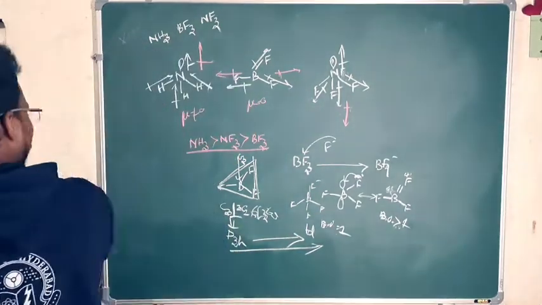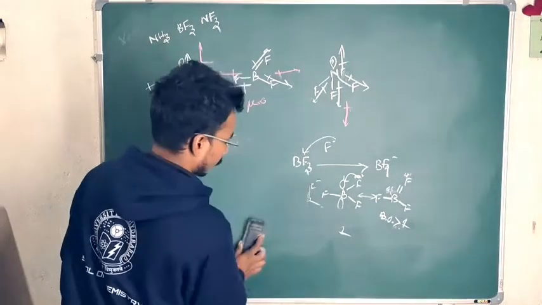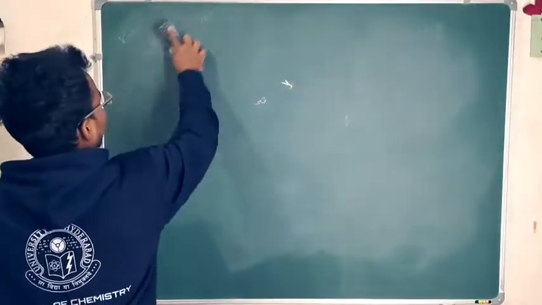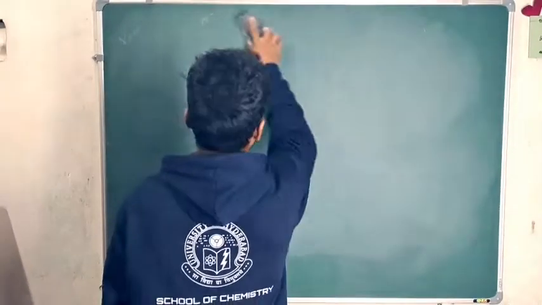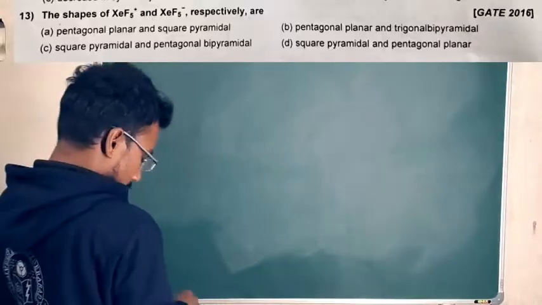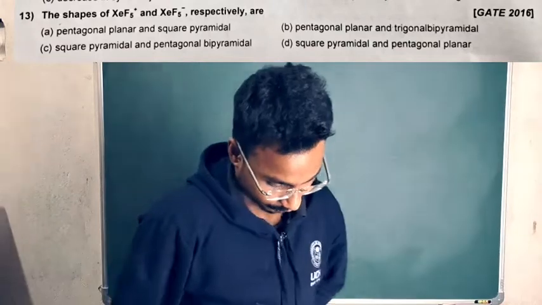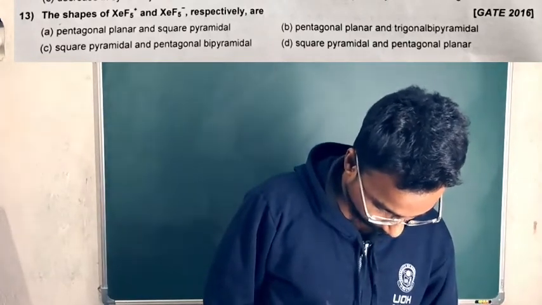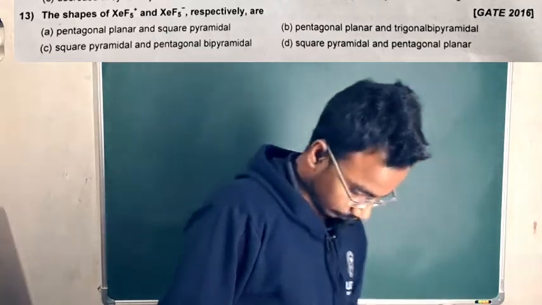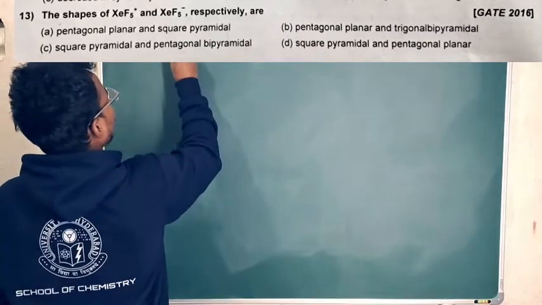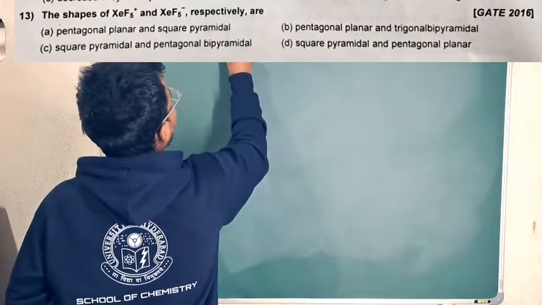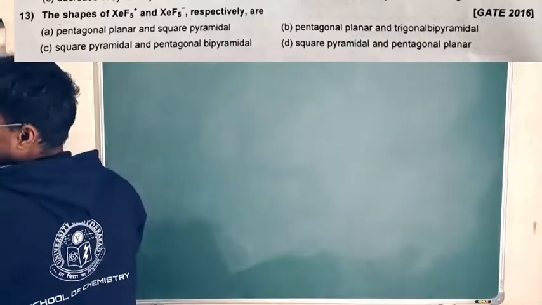I am reviewing. So we are coming to our last question of this video. Last question, it will appear on your screen: the shape of XeF5 plus and XeF5 minus.